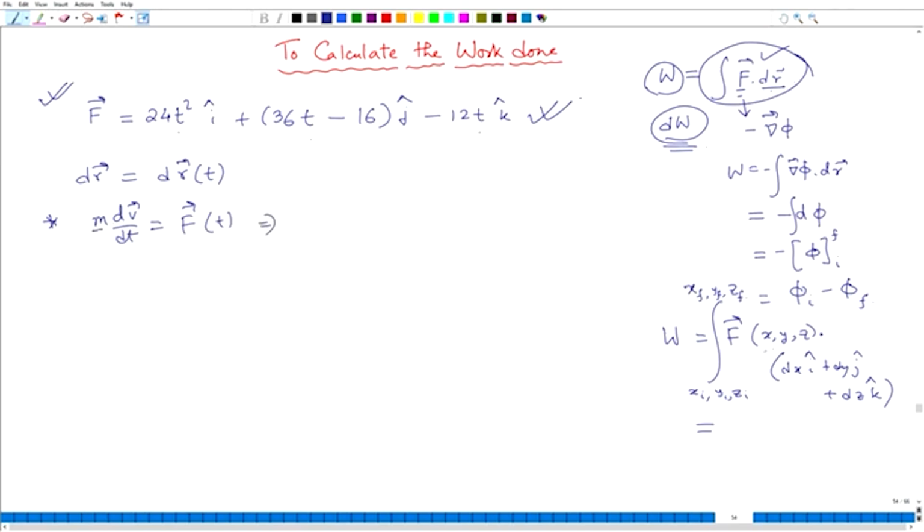For constant m, v will be simply given by the integral of F(t) dt. Okay. And here we exactly will use this fact.